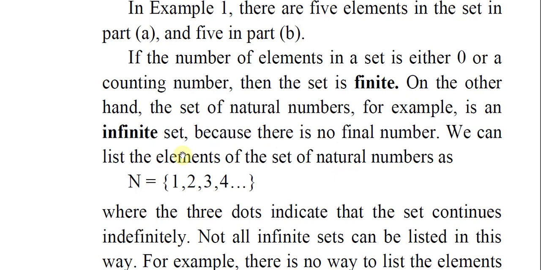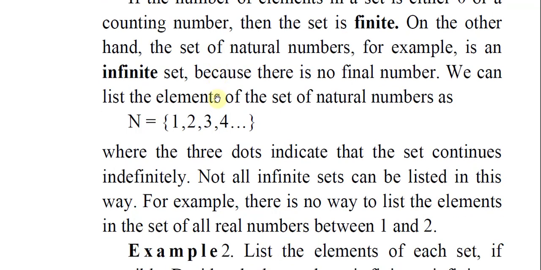We can list the elements of the set of natural numbers as N is 1, 2, 3, 4, etc. This is the set of natural numbers, and it means this is infinite.